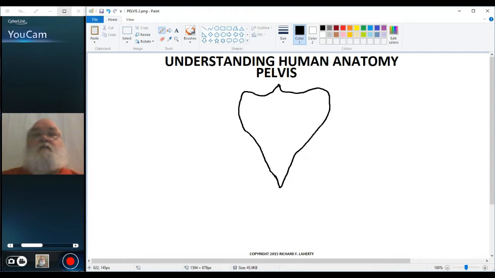And what I want to sketch in is the spine of the sacrum. Again, here's the cutoff to form the coccyx. And we have the posterior sacral foramina. These are where the sacral spinal nerves exit.